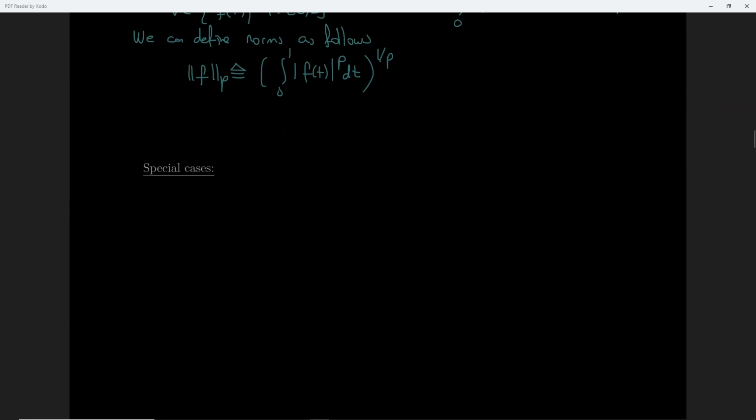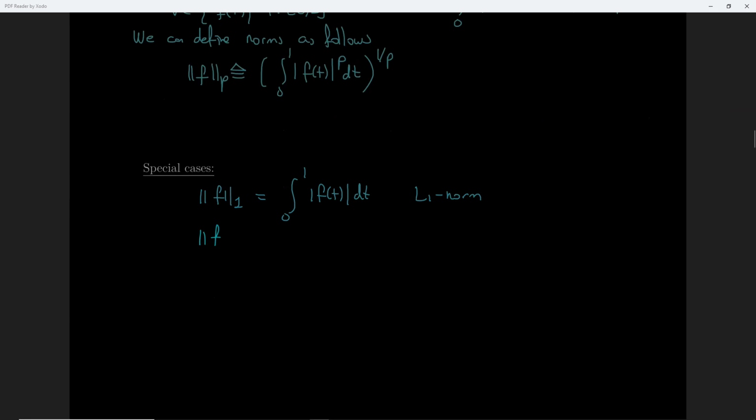And I will write down special cases in today's lecture. When p is equal to 1, you get the integral of the absolute value of the function dt. This is called the L1 norm.